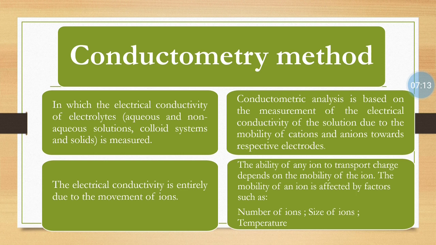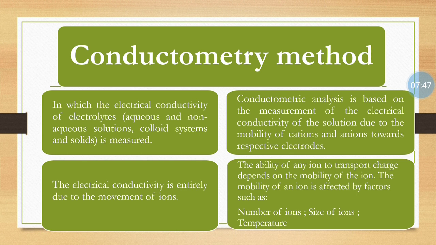The next method is the conductometric method, in which the electrical conductivity of electrolytes in aqueous, non-aqueous as well as in the colloidal system is measured. Conductometric analysis is based on the measurement of the electrical conductivity of the solution due to the mobility of cations and anions towards respective electrodes.